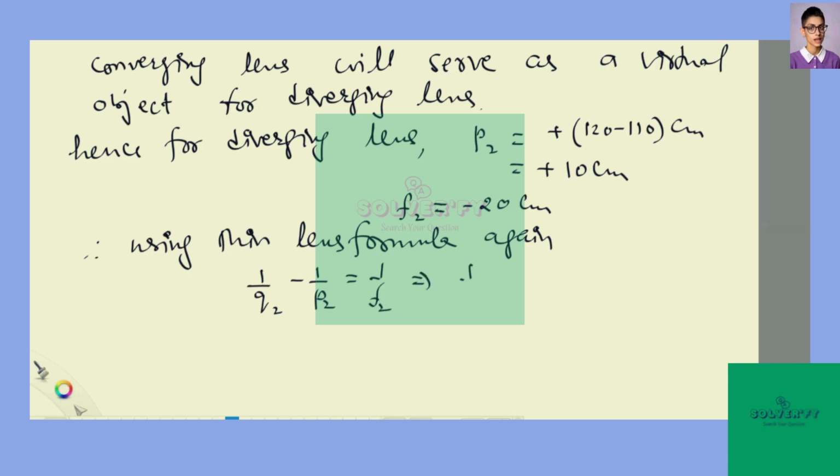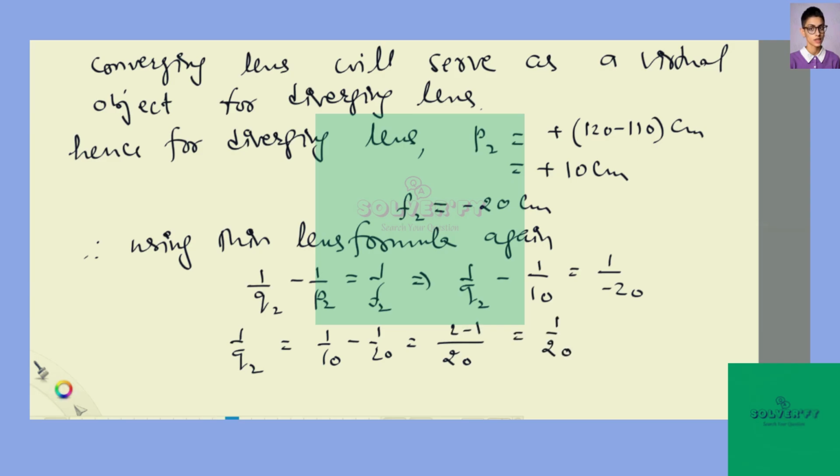Or we can say 1 by q2 minus 1 by 10 is equal to 1 by minus 20. So 1 by q2 is equal to 1 by 10 minus 1 by 20. LCM is 20. 2 minus 1, 1 by 20. So finally we can say q2 is 20 centimeter, and this is the final position of the image.